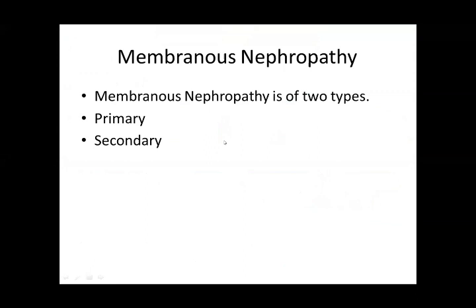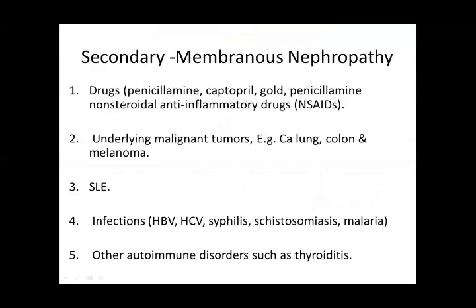Membranous nephropathy is of two types, primary and secondary. We have 7 minutes, so we will do as much as we can now. The drugs that cause secondary type of membranous nephropathy are penicillamine, captopril, gold, and non-steroidal anti-inflammatory drugs.